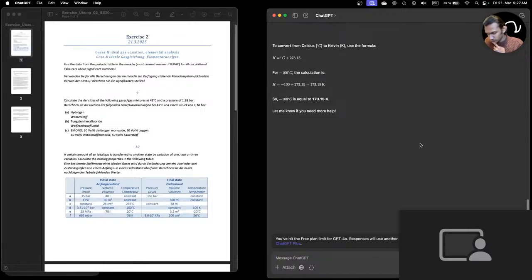It's gonna be in bars, so 543, which implies 5.43 into 10 raised to minus 3 bar.